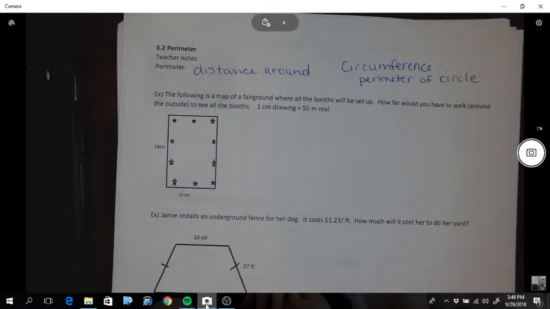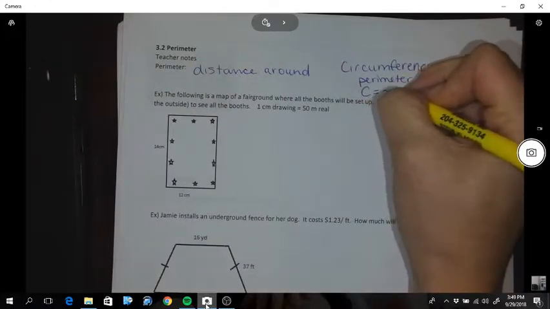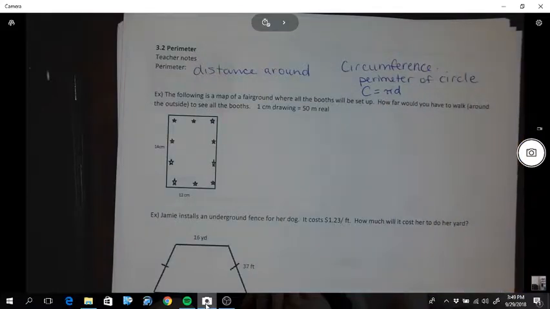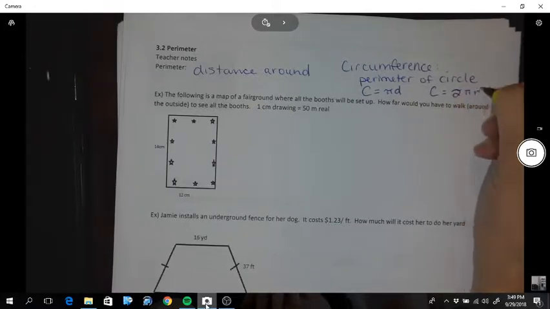You will see formulas given on your formula sheet for this. You can say that its circumference is pi times diameter of a circle, or another way to think about it is 2 pi r.